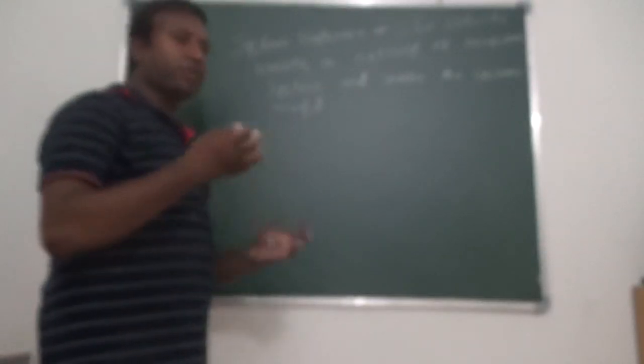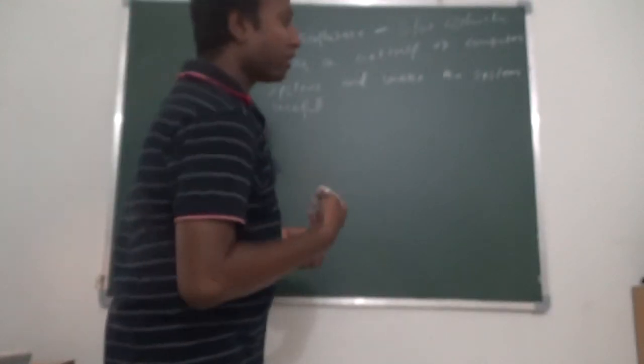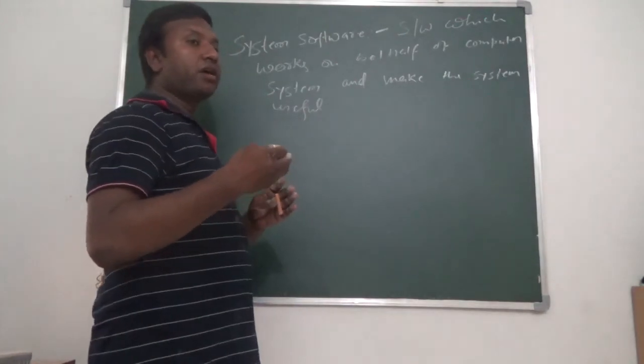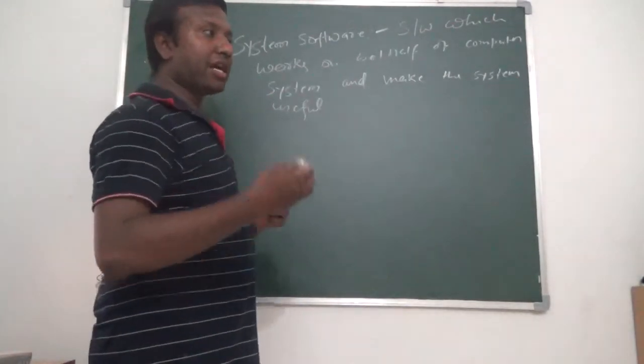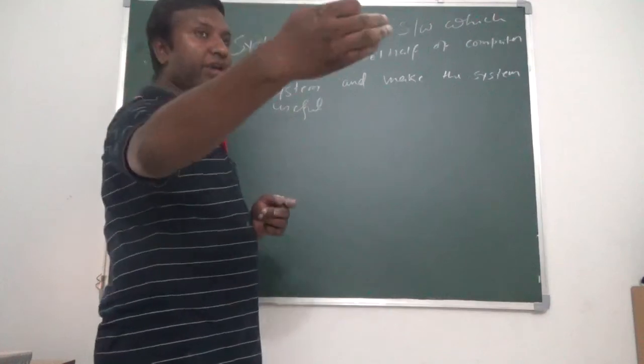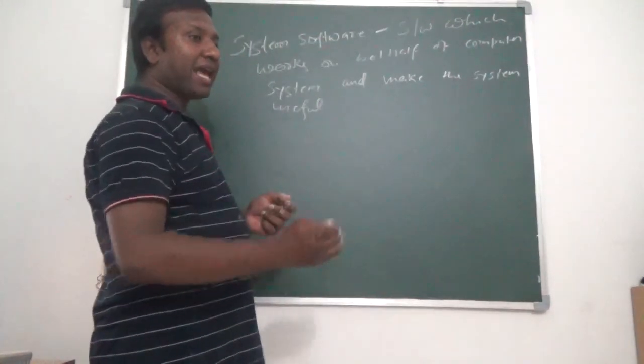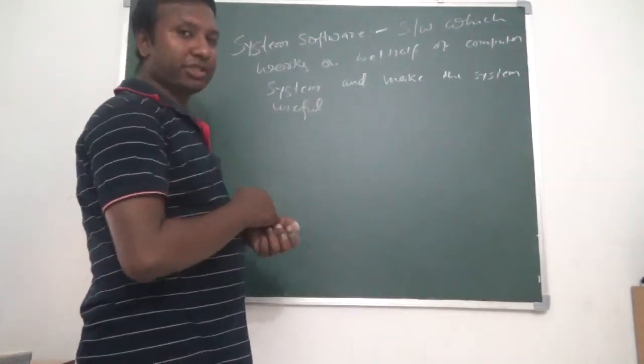Now, system software basically works on behalf of the system. Why is it working? How is it working on behalf of the system? It is basically helping the programmer to design application software through which the end user is actually accessing the computer system, right?